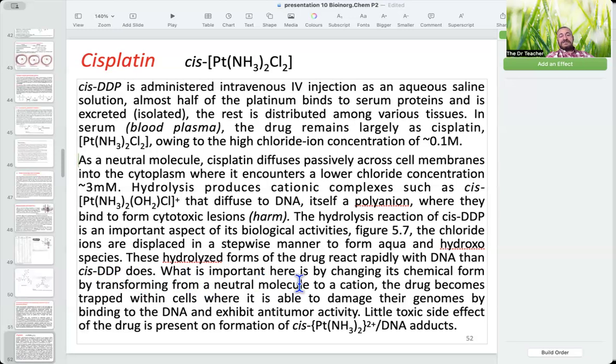What is important here is that by changing its chemical form, transforming from a neutral molecule to a cation, the drug becomes trapped within the cells, where it is able to damage the genomes of the cancer, binding to the DNA and exhibiting anti-tumor activity. The toxic side effect of the drug is based on formation of cis-diammineplatinum DNA adducts.